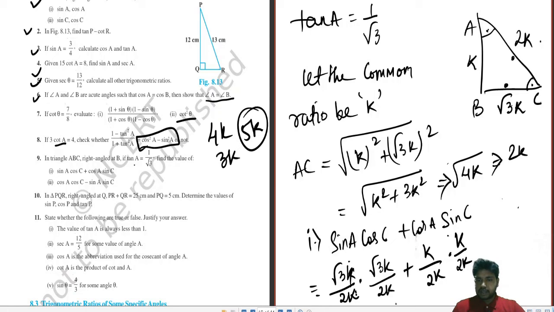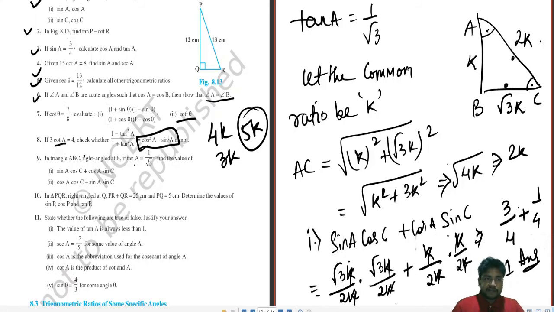Now cancel all the K's to reduce your work. That will again come to root 3 into root 3 is 3 by 4. 1 into 1 is 1, 2 into 2 is 4. That will be 1. So first answer will be 1, the second will be solved by you.